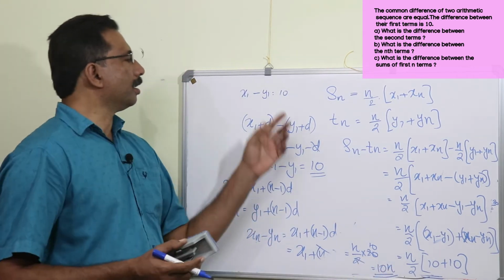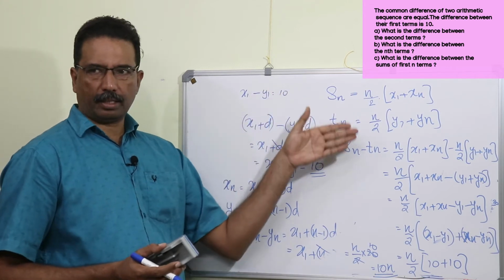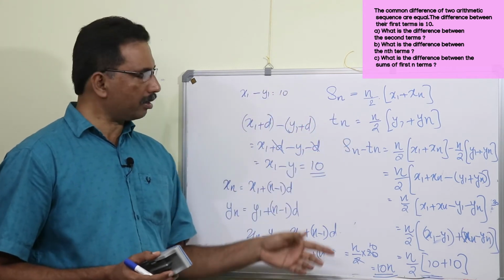We know that the difference between each term is 10 and there are n terms, therefore the difference between these is 10n.